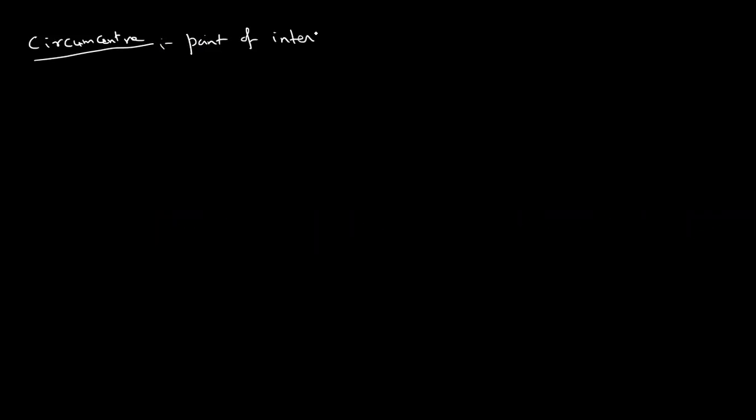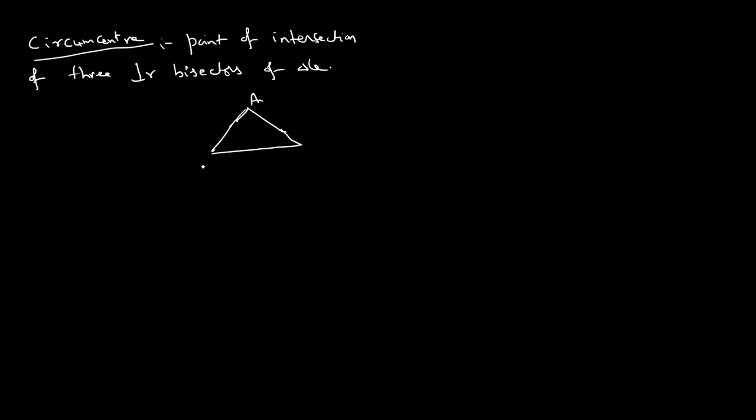Circumcenter. What do you mean circumcenter? Anyone? Point of intersection of perpendicular bisectors of a triangle is called circumcenter. So in triangle ABC, drop the perpendicular.